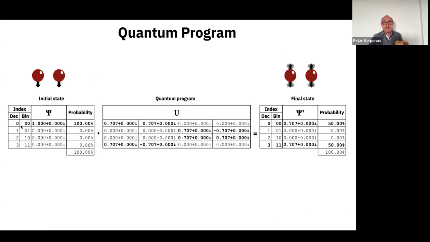Now we start with initial state. So quantum computer is initialized in 0 state, which in this case is a 2-qubit quantum computer. I'm using these small vectors to fit on the screen, but 2 qubits is not useful.